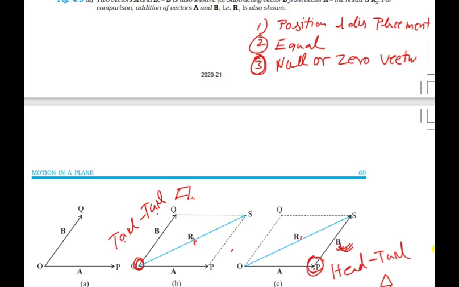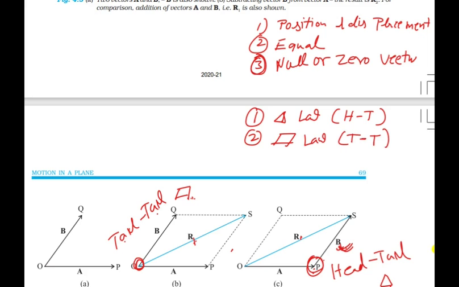Between these, in the case of addition, there are two types of addition process. One is the triangle law, which is also known as the head tail method, and the parallelogram law, which is the tail tail method.